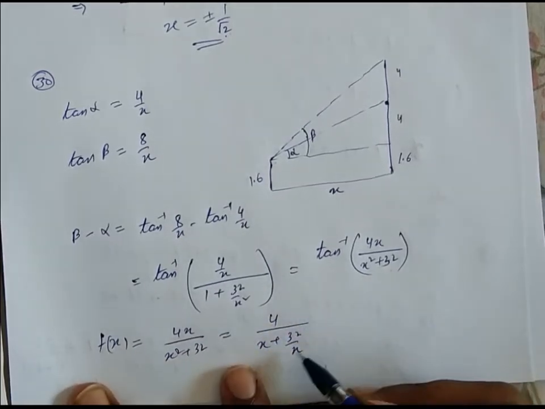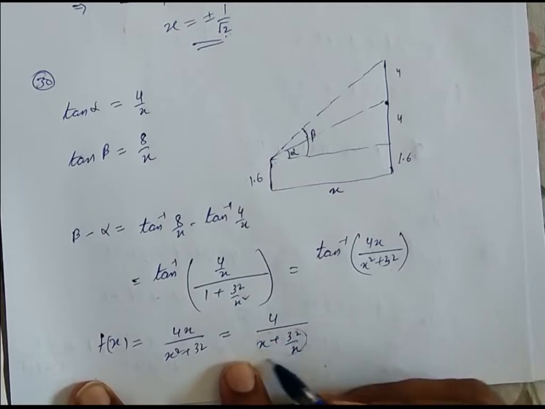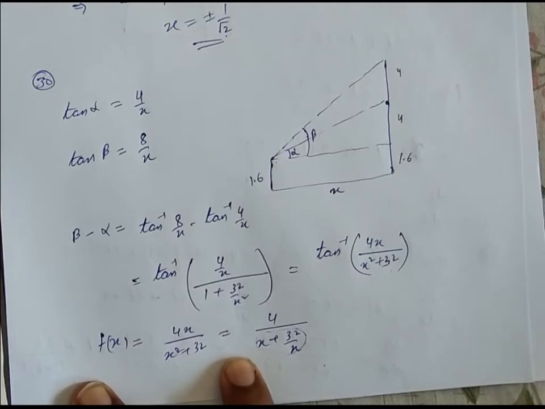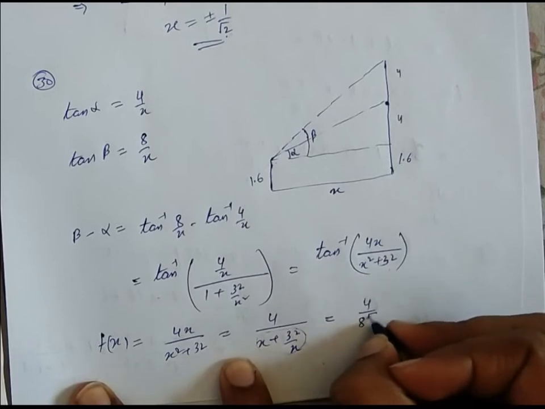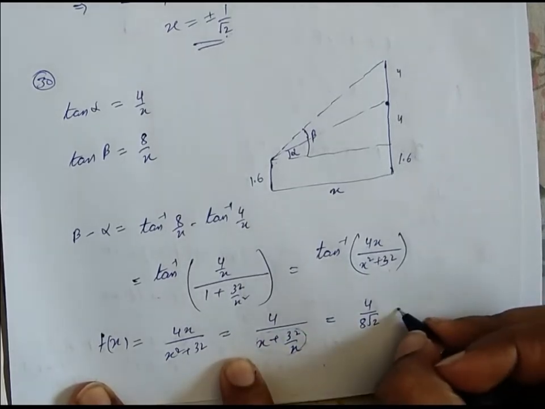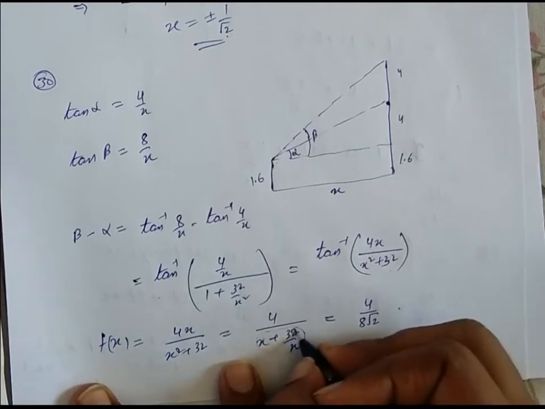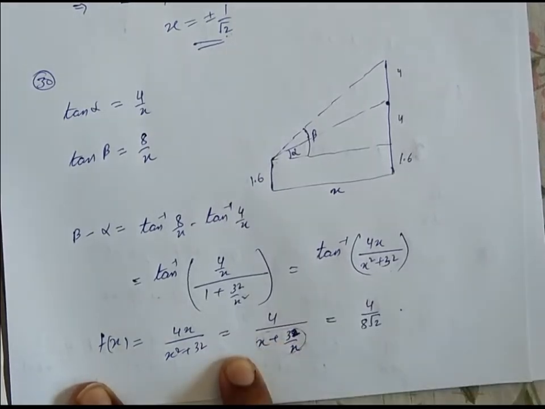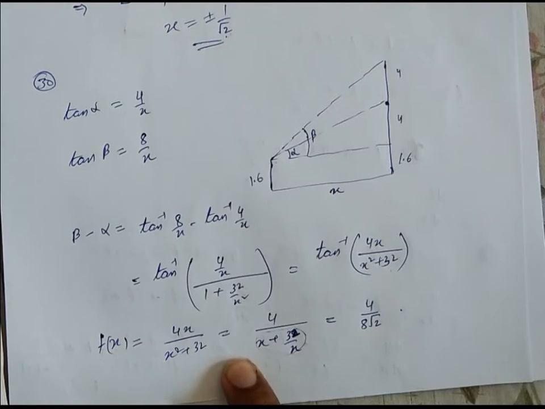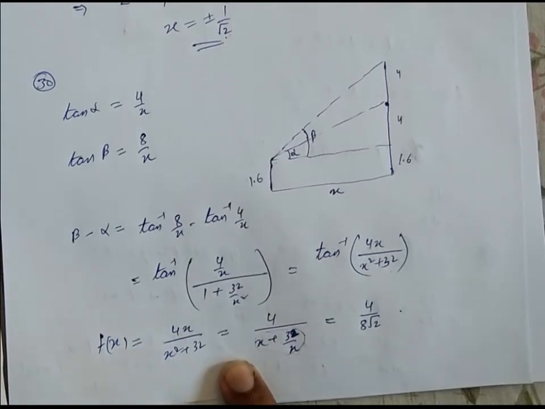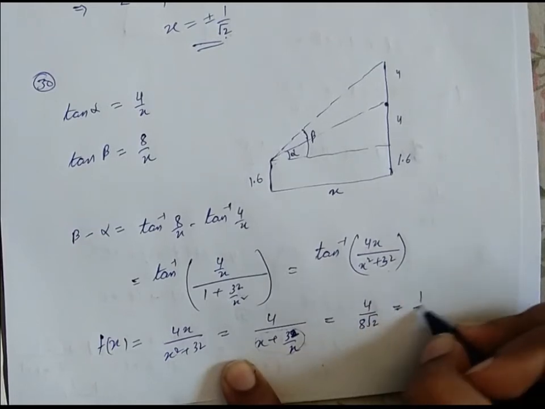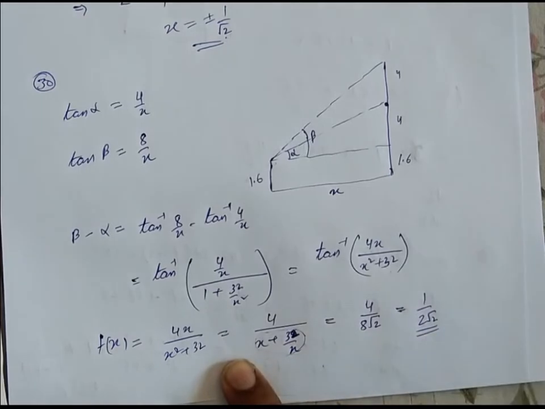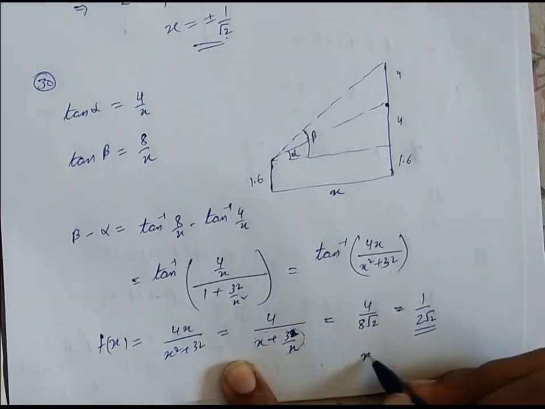For this to be maximum, the denominator should be minimum, and we can calculate its minimum value using AM-GM, which would be 8 root 2, at x equal to 4 root 2.